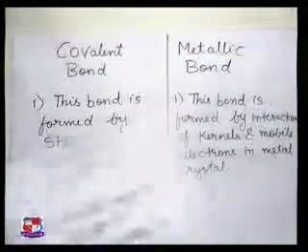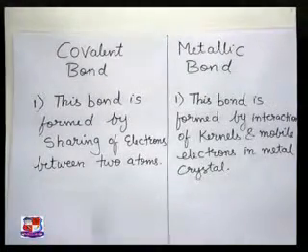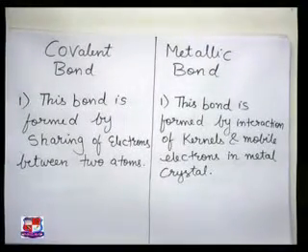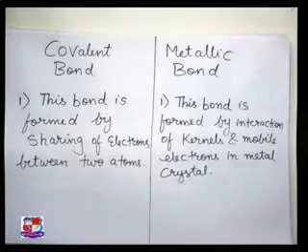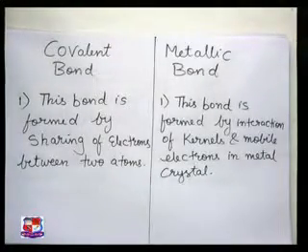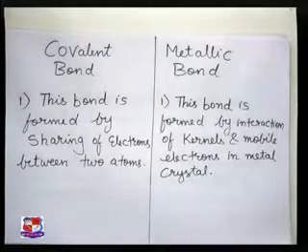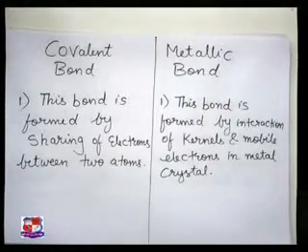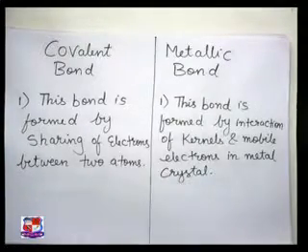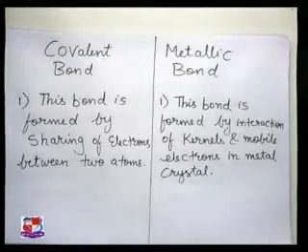Okay, now the next thing is that you can put here something about the comparison of covalent bond and metallic bond. Now don't get confused. Earlier we saw that we were comparing ionic bonding and metallic bonding. Now we are comparing covalent bond and metallic bond, right?